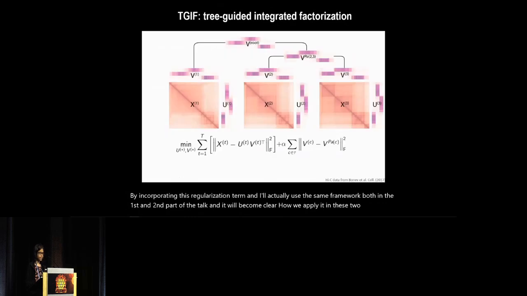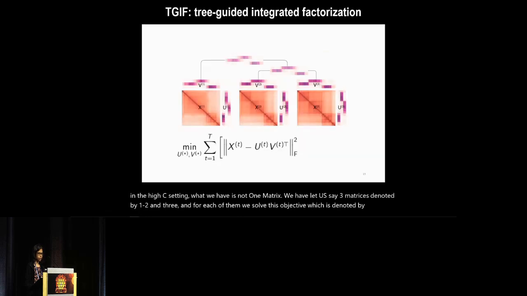So in the Hi-C setting, what we have is not one matrix. We have, let's say, 3 matrices denoted by 1, 2, and 3. And for each of them, we solve this objective, which is denoted by the first term, and so we have T of them. In this case, you have 3 of them.